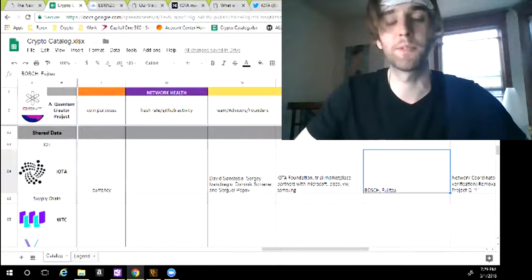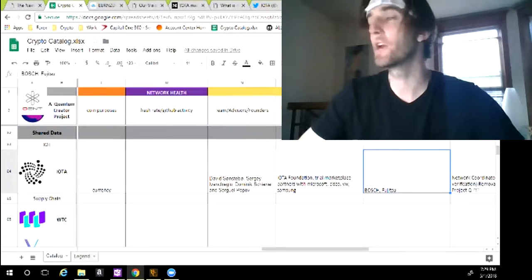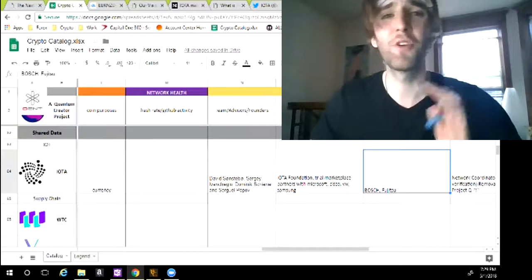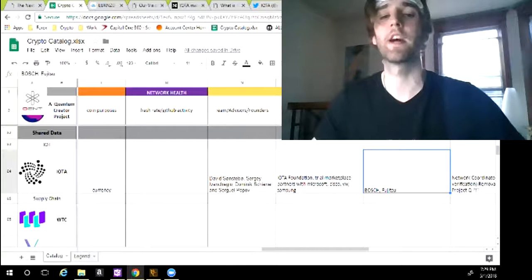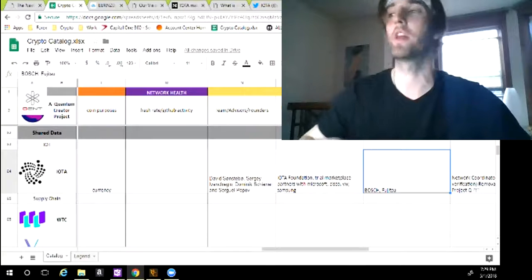So these partnerships are basically these companies trying to take a look at this tech. They're actual, legit, real partnerships they have right now. They boast Bosch and Fujitsu, two humongous companies that gather a lot of data and have already officially partnered with Iota.